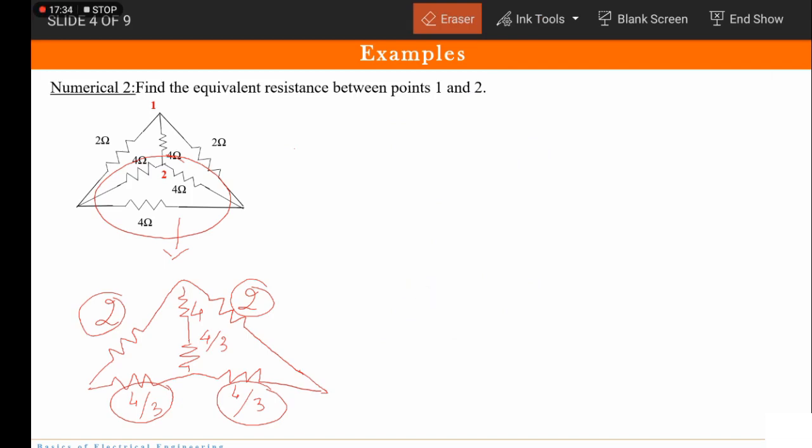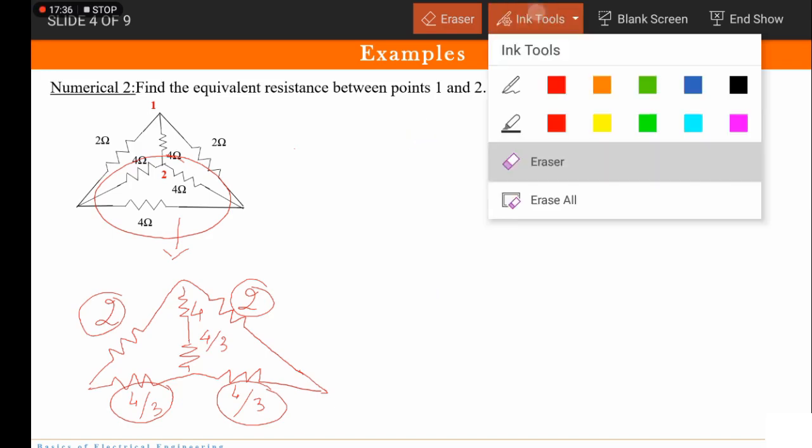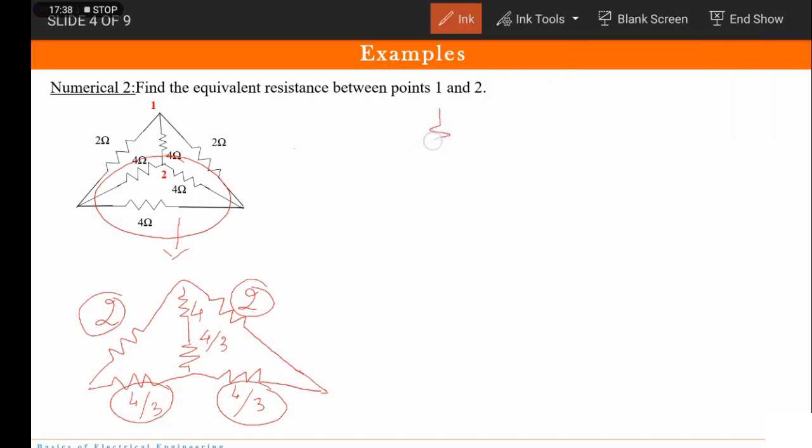Okay, so we have a 4 ohm resistor which was connected between points 1 and 2. We are not doing anything with that. After this point, we have another resistance of the value 4 by 3.